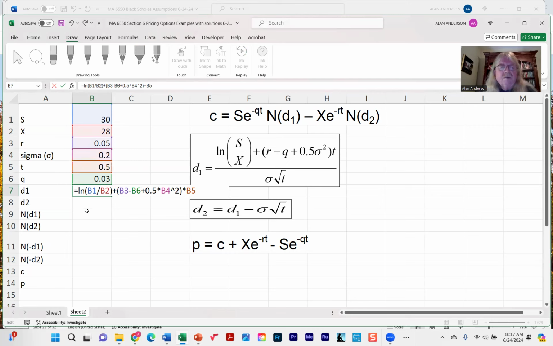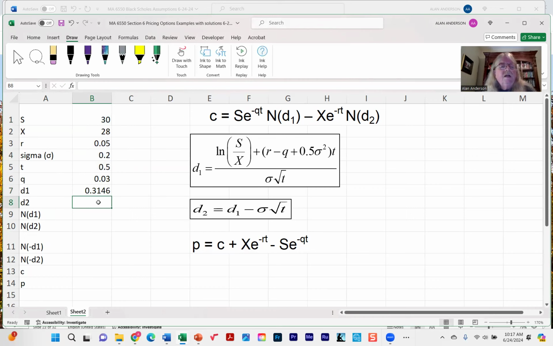I'm going to surround these with parentheses. And then I can divide by the product of sigma times the square root of T. D2 is easy. It's just D1 minus sigma times square root of T.